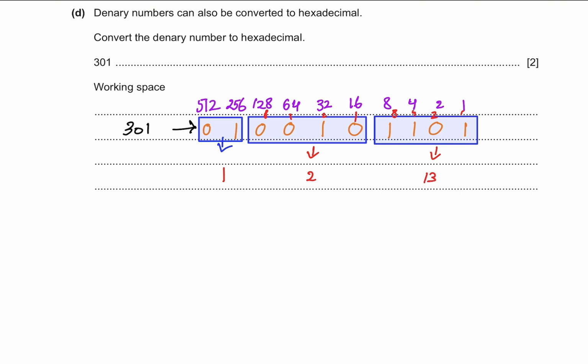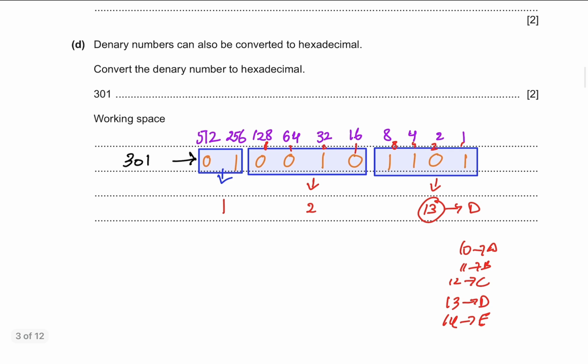Hexadecimal rules for 13 state that 10 is A, 11 is B, 12 is C, 13 is D, 14 is E. So 13 is D. The answer will be 1, 2, and D. Okay, this is your answer. Pretty easy.